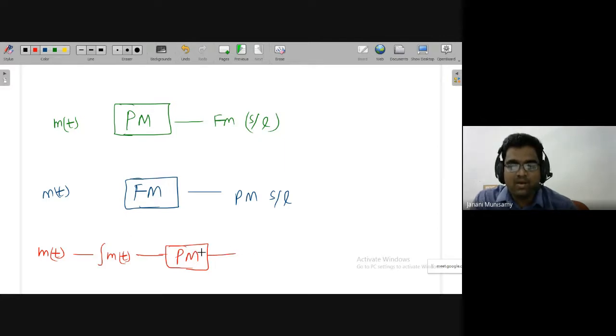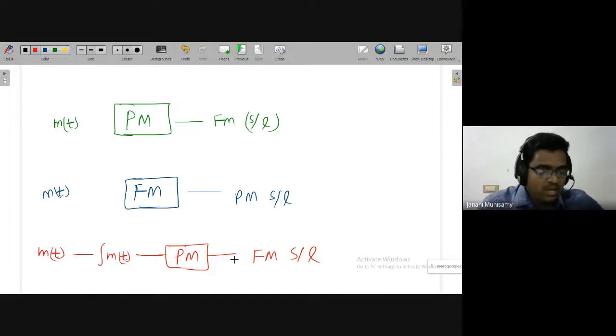But finally, since I already applied the integrator, the output of this phase modulator will definitely be an FM signal, because I already applied integration. So you can compare with the FM equation. You do the integration before applying the PM modulator, and finally the equation will be an FM signal.